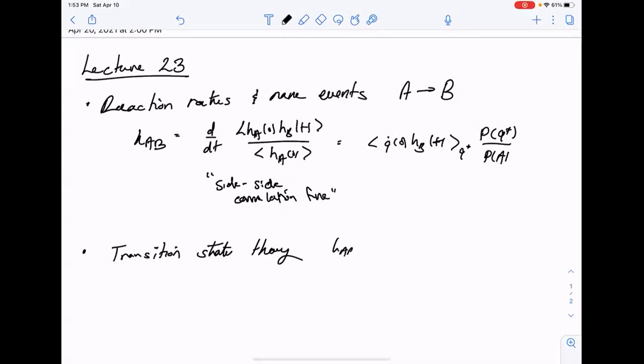It approximates the rate as just the initial value of this correlation function, the flux-side correlation function.